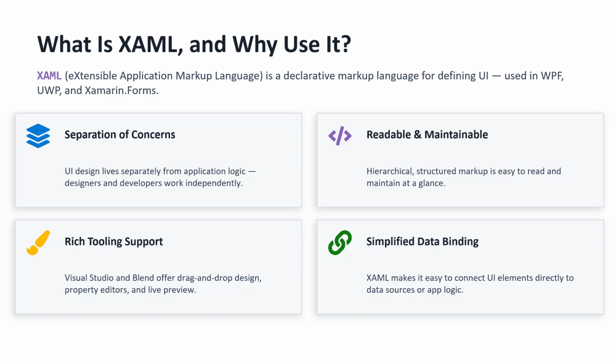So what is XAML and why do we use it? XAML, which really stands for Extensible Application Markup Language, is a declarative markup language used to define user interfaces. You'll see it in the Windows Presentation Foundation, also called WPF, in our Universal Windows Platform, UWP, or in the older Xamarin Forms.